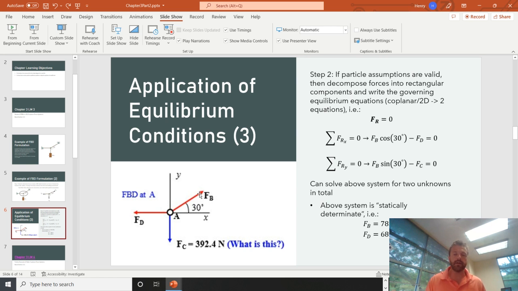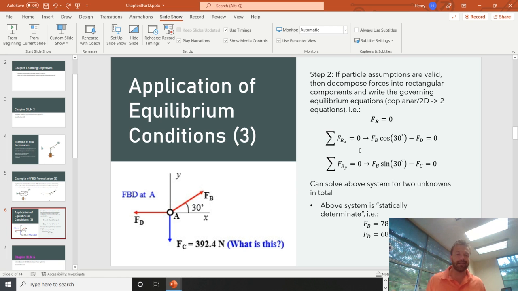So fortunately, we have two unknowns, and under the conditions of equilibrium, recall that what they are is a vector-based equation. It says that in order for a particle to be in equilibrium, the resultant force as a vector must be equal to 0. And in order for a vector to be 0, each of its components must be 0. So if we compute the x component of the resulting force acting on this particle and the y component of the resulting force acting on this particle and set each equal to 0, we'll have two equations that we can use to solve for our two unknowns.